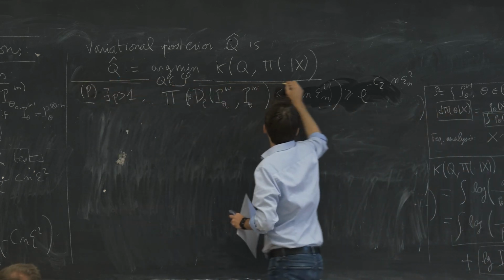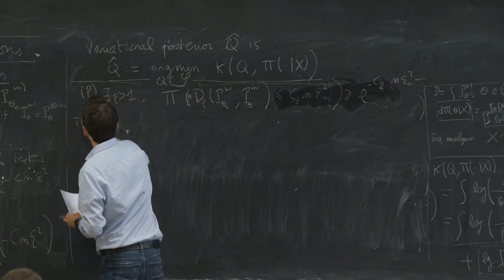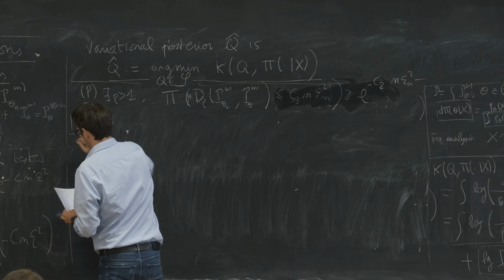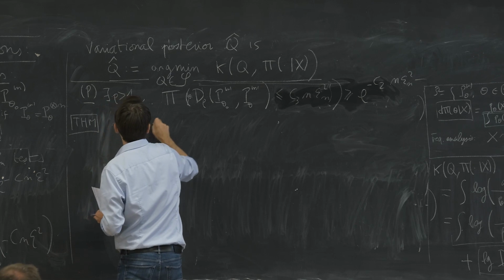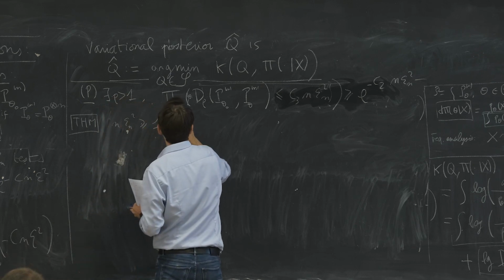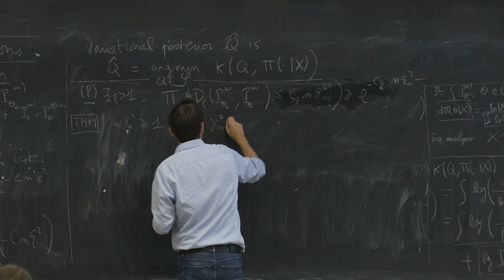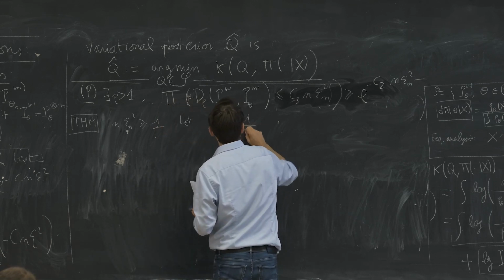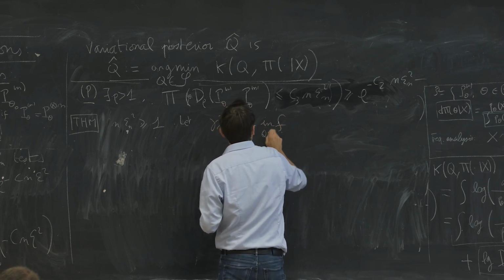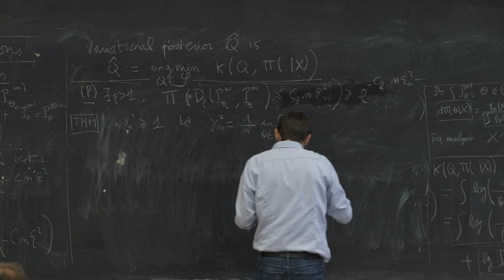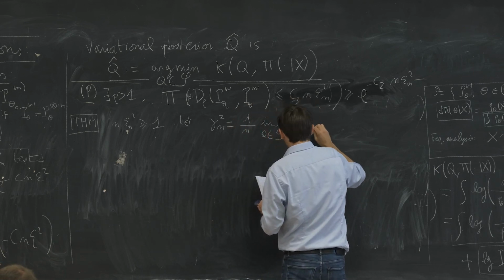The conclusion is the theorem: suppose n epsilon n squared larger than 1, and let gamma n be a quantity which captures the part of the problem that is related to the variational approximation.